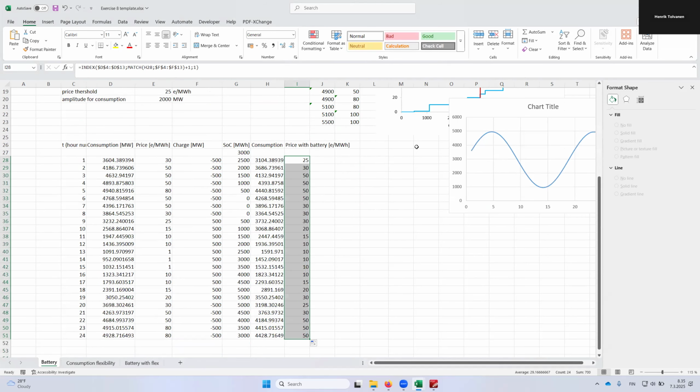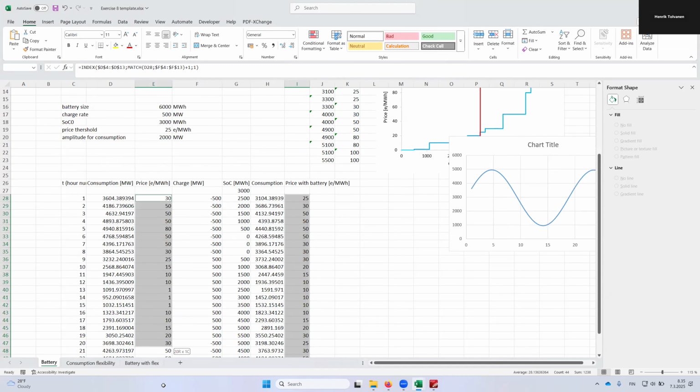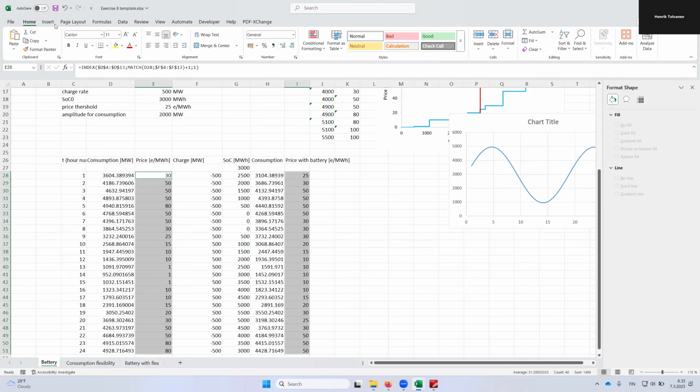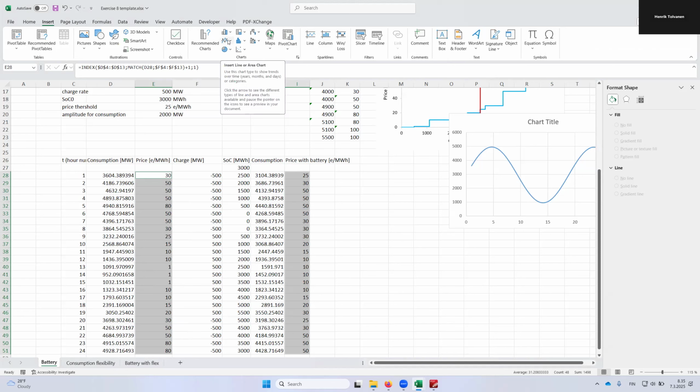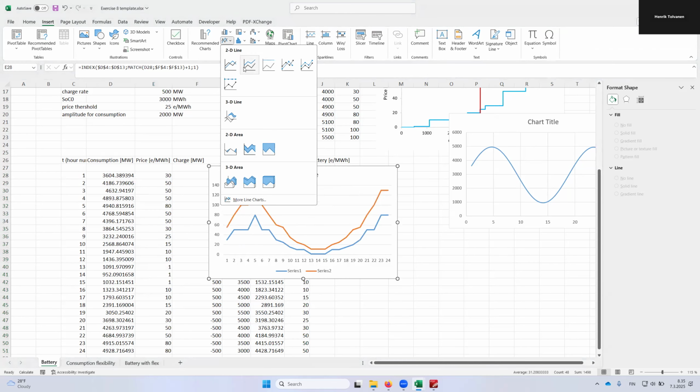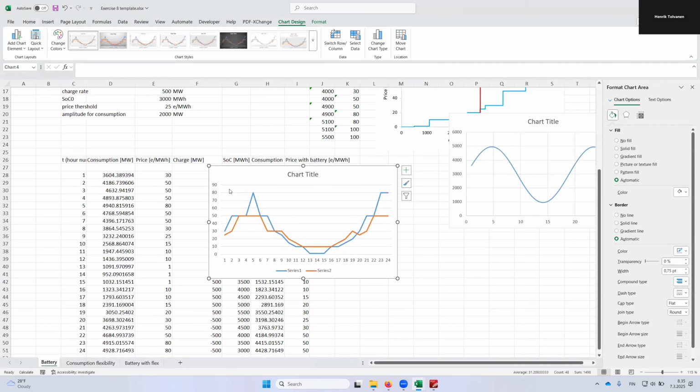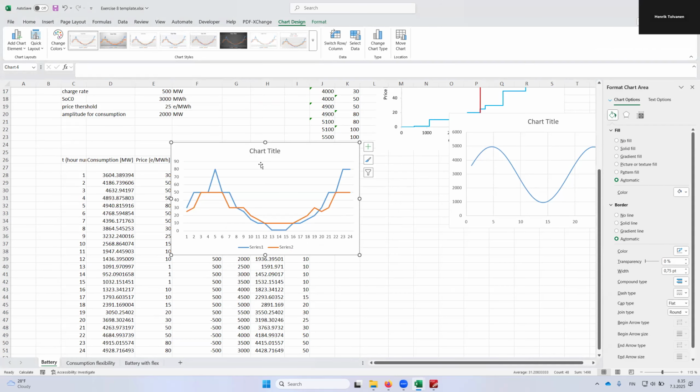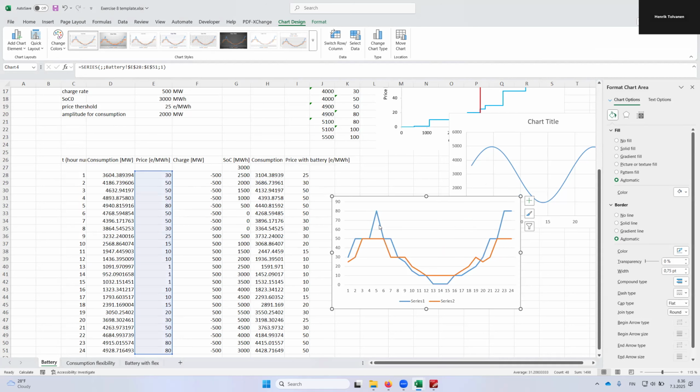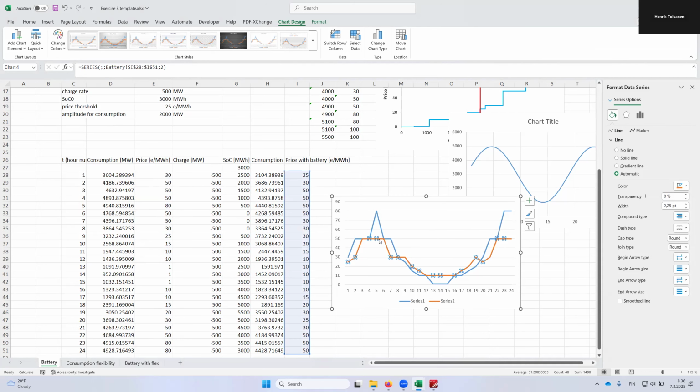And now what we have is the other price curve. So if I'm going to plot these together, I'm going to use this line plot, not the cumulative, but rather the one where they cross each other. So this is going to have the original system price and the price with battery.